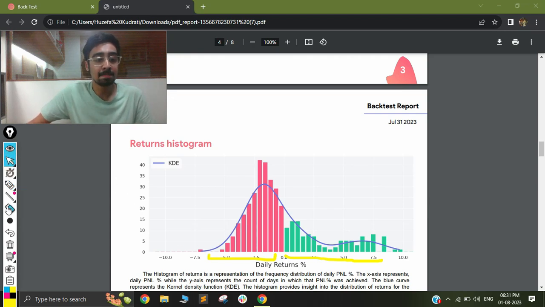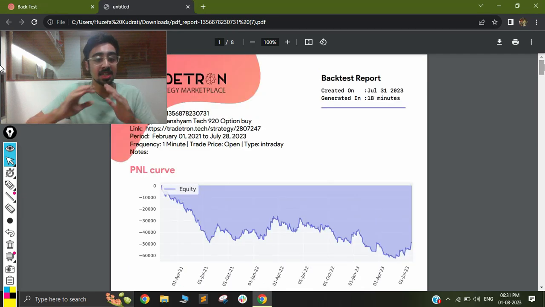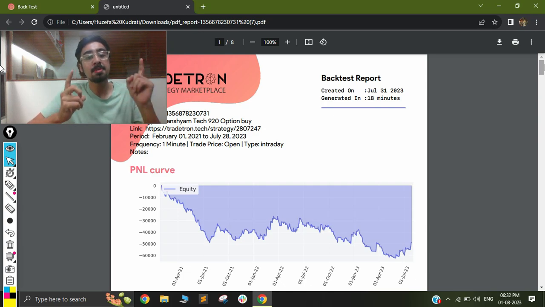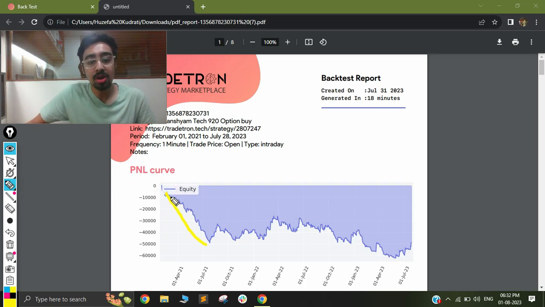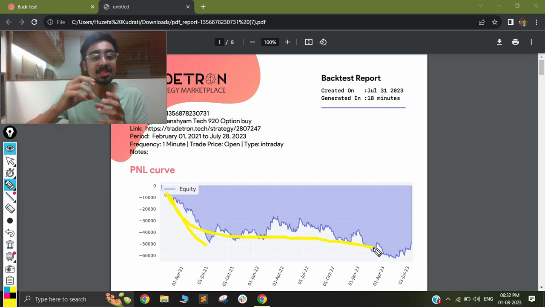So to answer that, let's first understand what exactly is a strategy. A strategy is nothing but an edge that you are trying to optimize for, and the trades that you are taking in order to optimize for that particular edge. So out here, whenever you see something like this as a P&L curve, you can understand that there is definitely some kind of an edge out here.